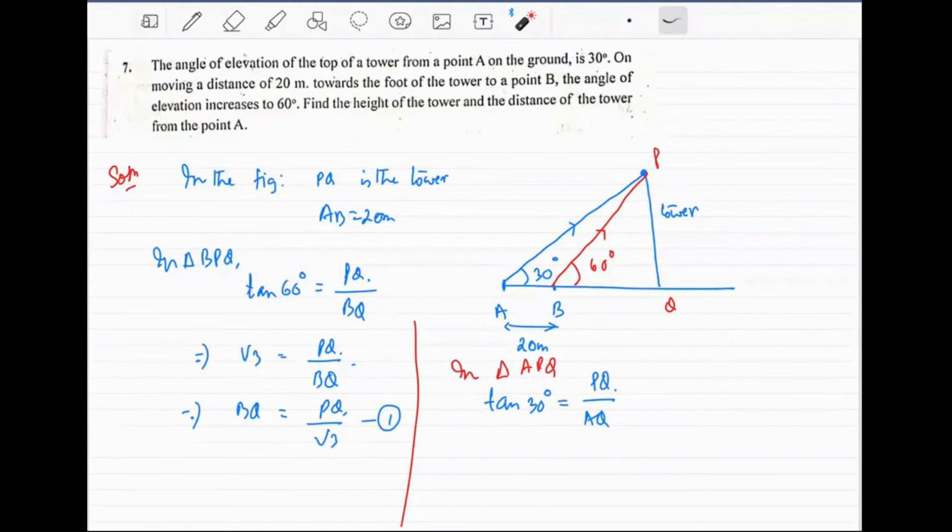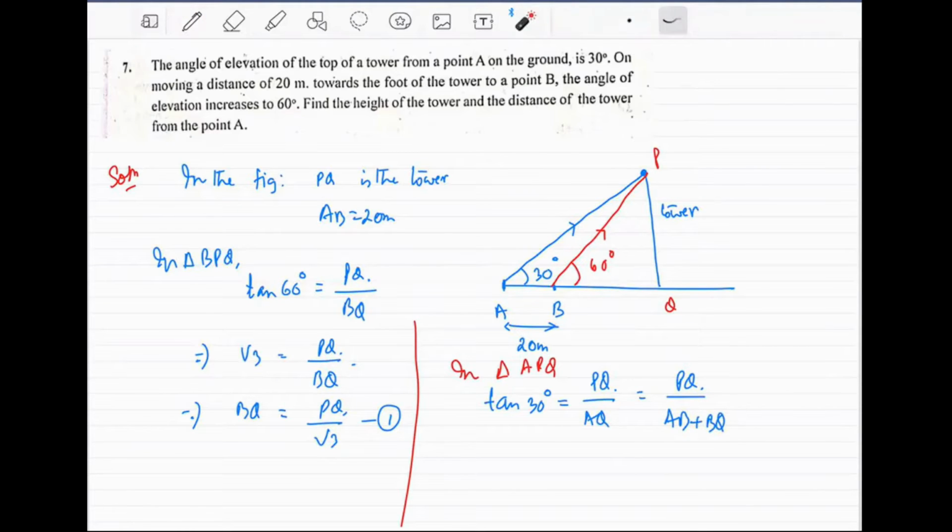PQ is a whole thing. But what about AQ right here? This AQ can be broken down. AB plus BQ, right? AQ has two parts in it. So instead of writing AQ here, you can break it down. PQ divided by, break down the AQ into AB plus BQ.